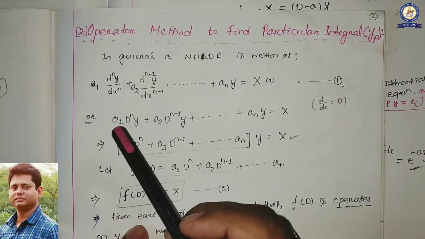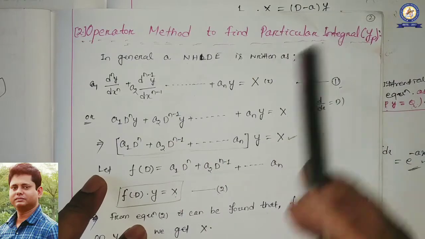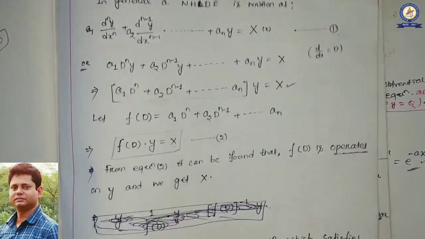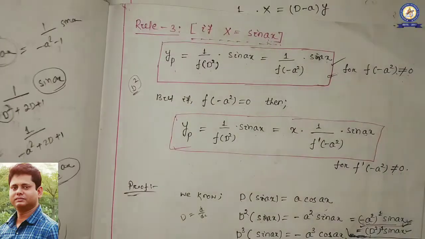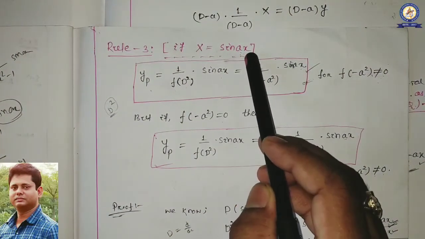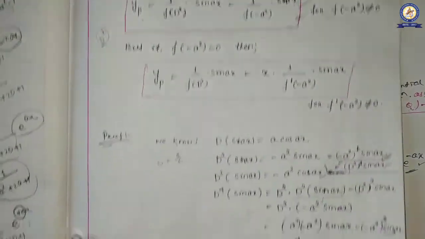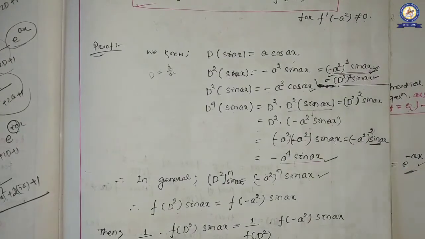Last few classes we are discussing the operator method to find particular integral. In last class we discussed rule number 3: when the source function is sin x, what will be the particular integral? In detail we have discussed, and the corresponding numericals also we have done.